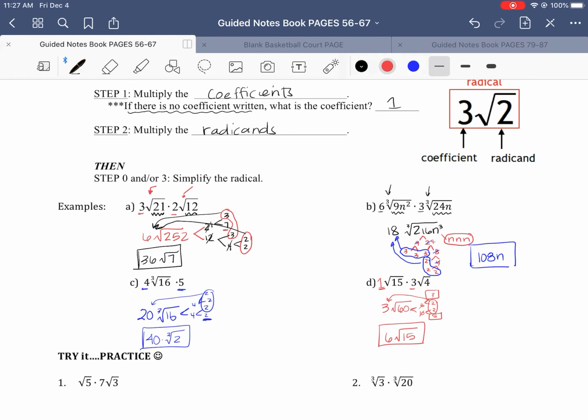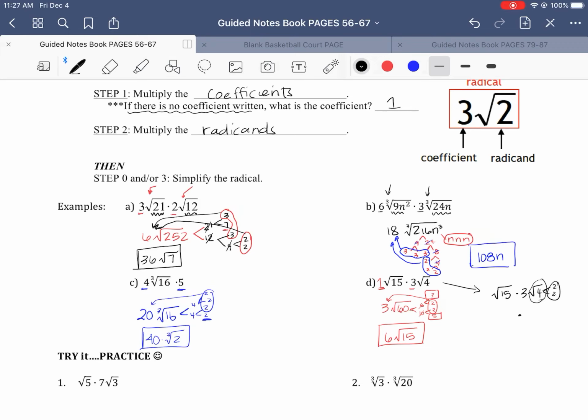Now, again, you can simplify initially. So if I were to look at this, let's look at this one. I'm going to rewrite it over here. Square root of 15 times 3 square root of 4. The 15 doesn't actually break down any further than 5 and 3. So I know that that's as simplified as it can go. But we know that the square root of 4 is 2, right? This is like 2 times 2.